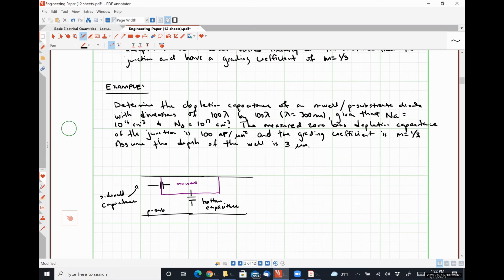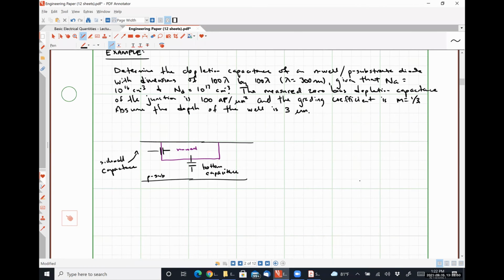So how would we go about finding the bottom capacitance? I'm going to call it CJ0B. This is the unbiased bottom substrate capacitance. How do we figure out what that value is going to be?